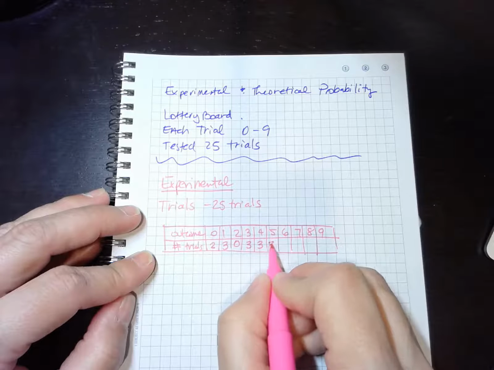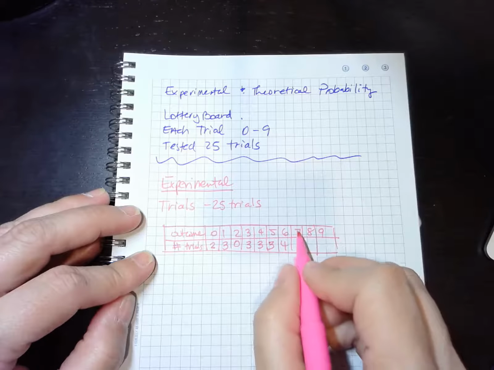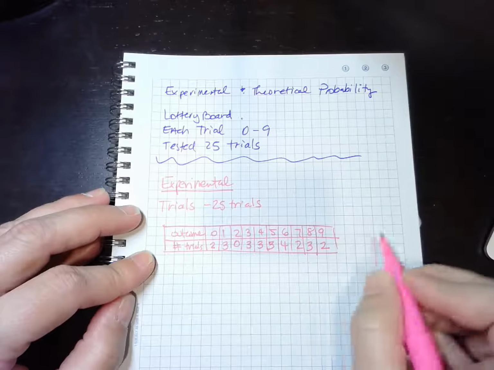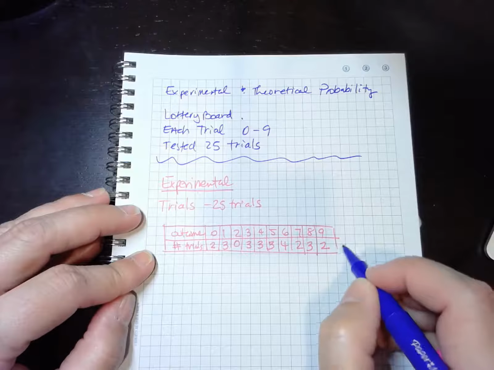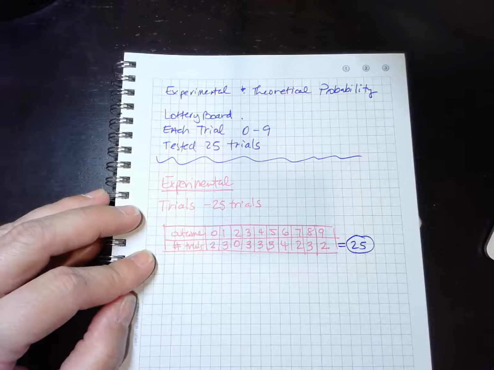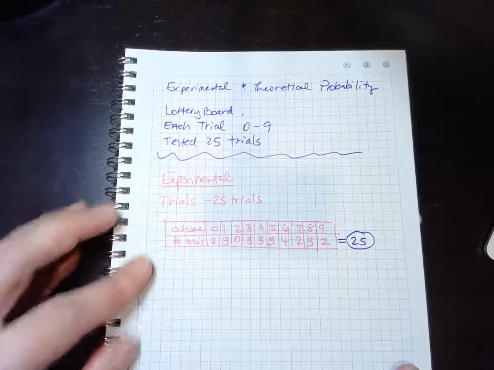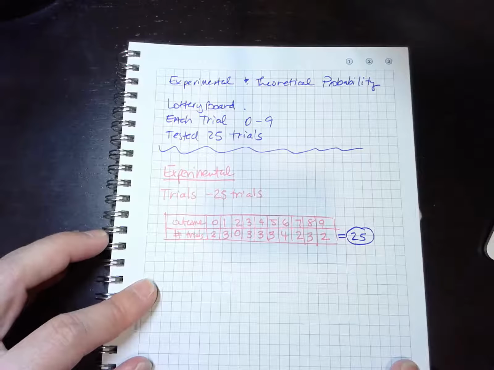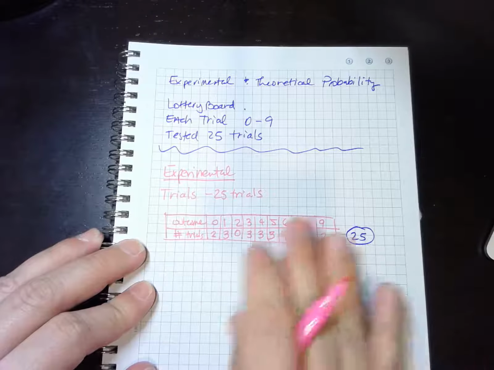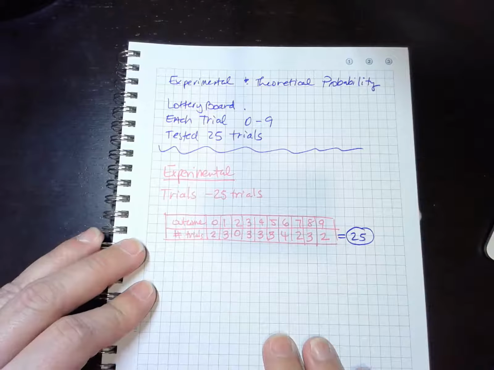The 5 was pulled 3 times, the 6 4 times, the 7 2 times, the 8 3 times, and the 9 2 times. So if you took all of these and you added them together, you're going to get 25, because they said there were 25 trials. Okay, so your experimental probability is going to come from this table right here.